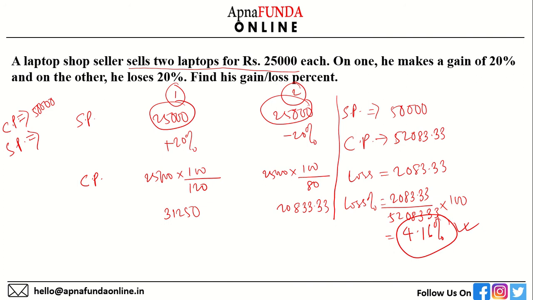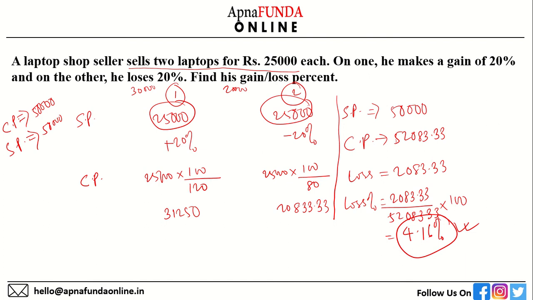Just calculate 20% profit in first case and 20% loss in second case. First will give me 30,000 as selling price, and the second will give me 20,000. So if cost price and selling price they both are same, it means no profit, no loss.